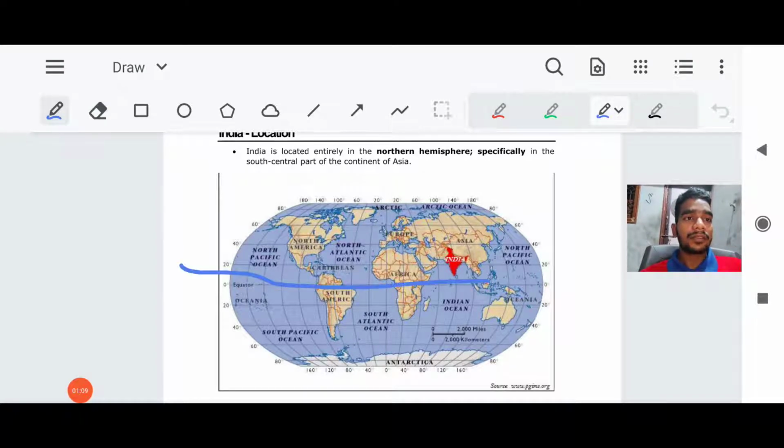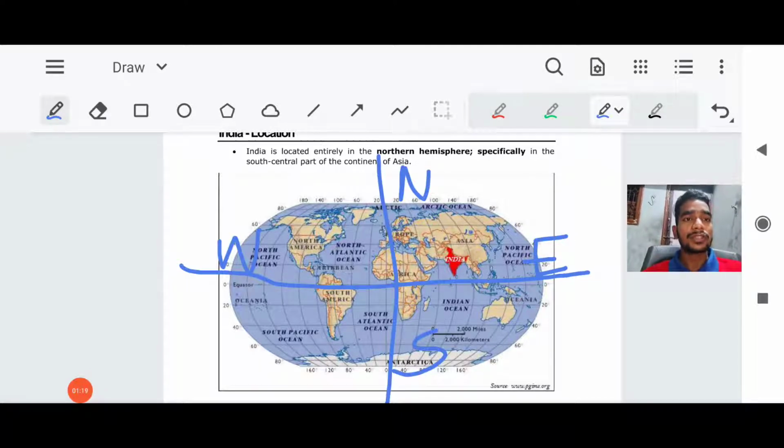If I make a four-direction line like that, this is the north part, this is the west part, this is the east part, and this is the south part. You can see India is located in the northern hemisphere, and especially this is the center. So this is Central Asia, you can say.